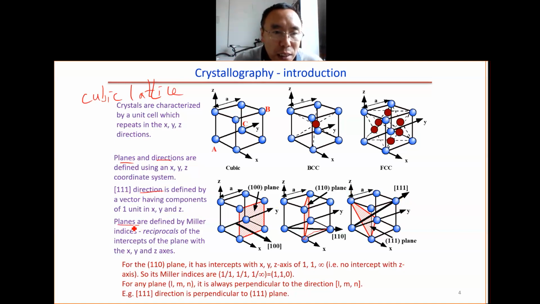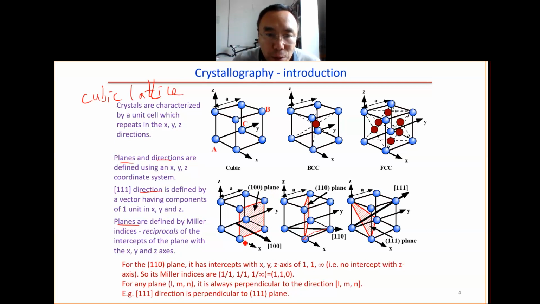The plane is defined by the so-called Miller index, the reciprocal of the intercepts of the plane with the x, y, and z axes. For example, this red color here is the 1, 0, 0 plane.